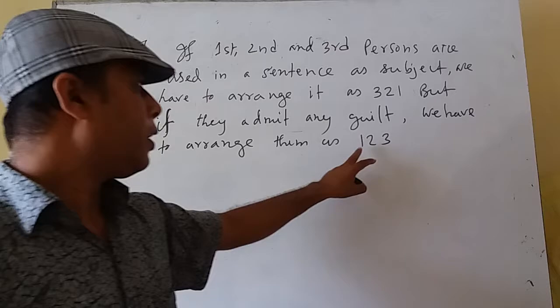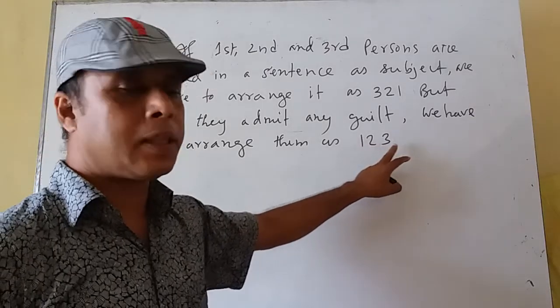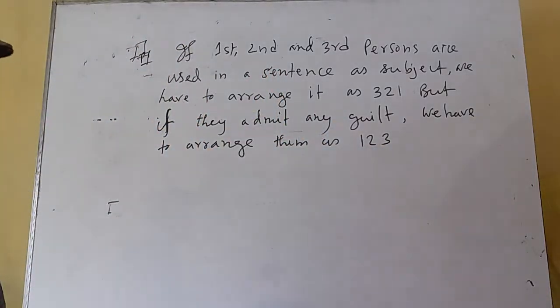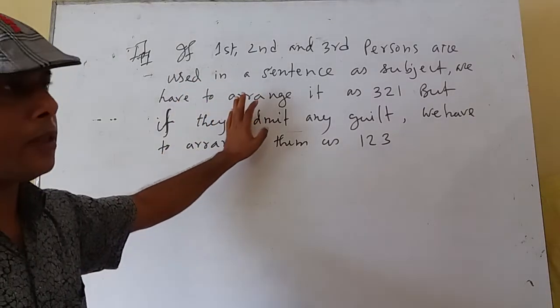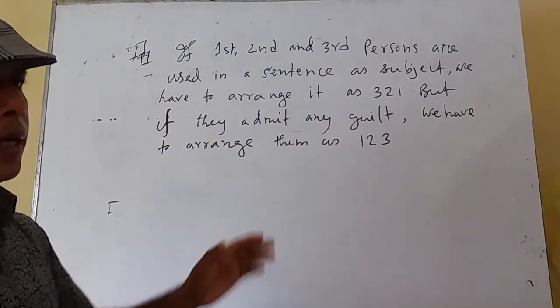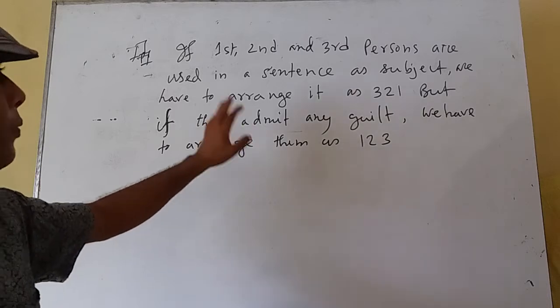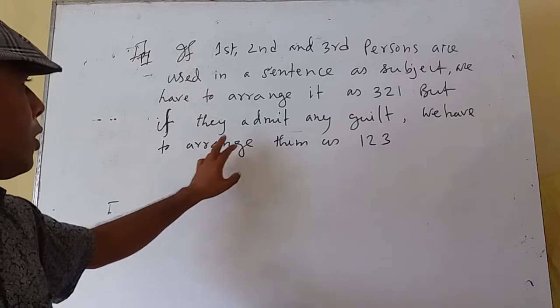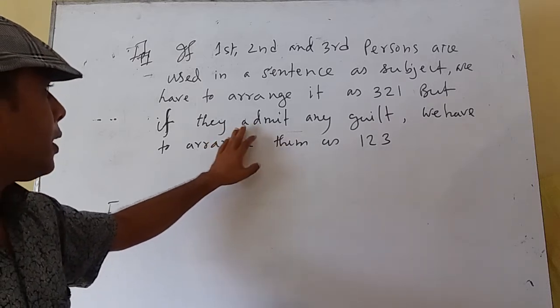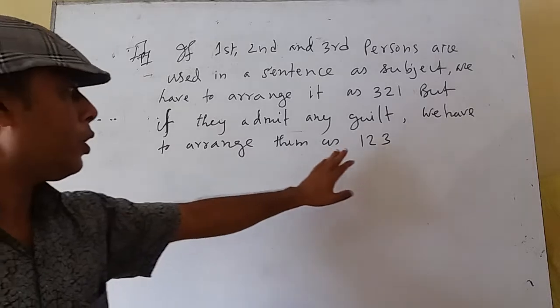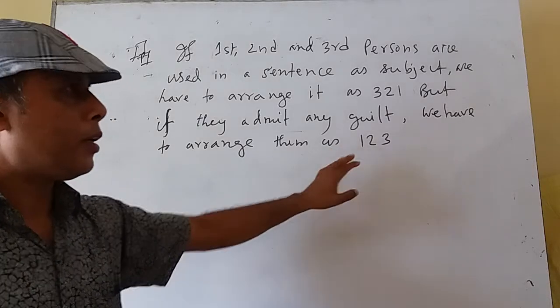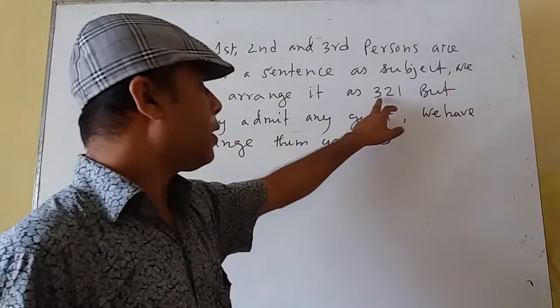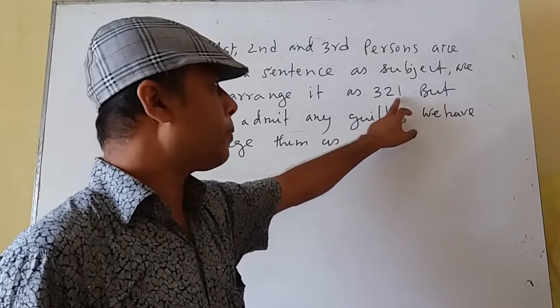This figure means first person first, then second person, then third person. You have to use in this way. So you have to look at the meaning of the sentence, because if the sentence means to admit any guilt, you have to use in this way. Otherwise, you have to use in this way: third person, second person, first person.